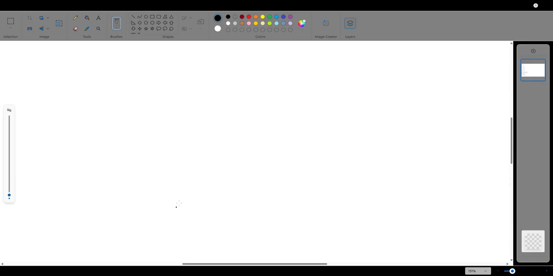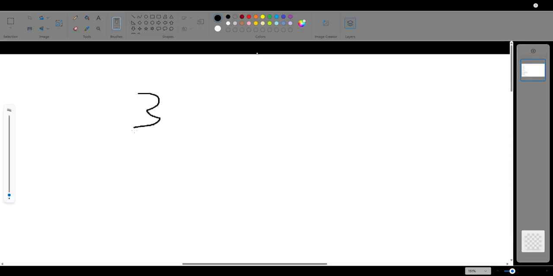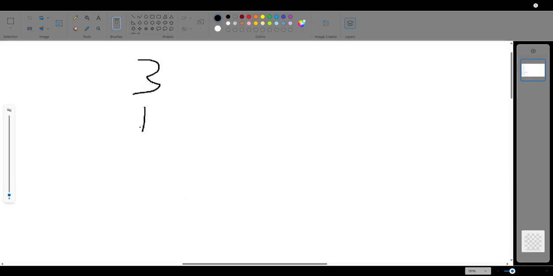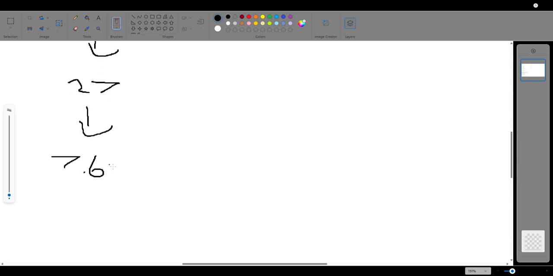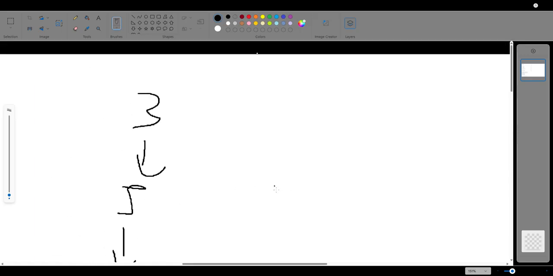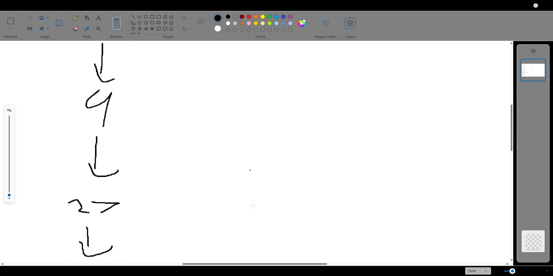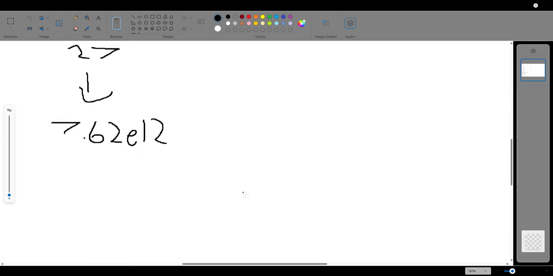So, it goes from 3, and then 5, then 6, then 9, then 27, then 7.6 E12. So, those are some pretty standard jumps at the start.